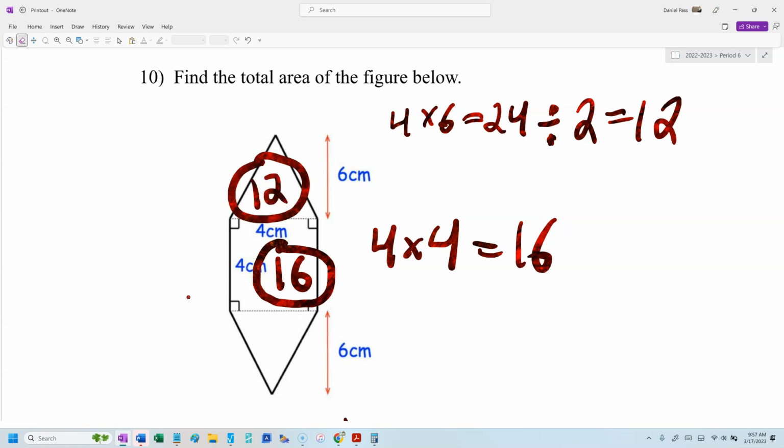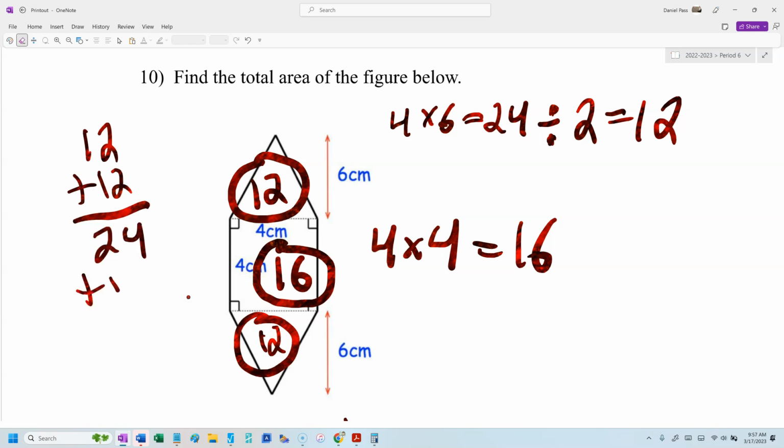The bottom is also 12 because it's exactly the same. So we don't have to do the same calculations, do we, everyone? Then you add it all together. So 12 plus 12, which makes 24, and then plus 16 makes 40. Isn't that right? So 40 centimeters squared.